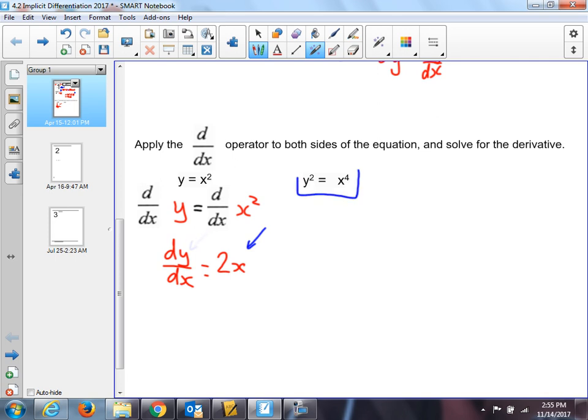Now, do you notice this is a variation of the same equation here? Okay, let's think this through though.